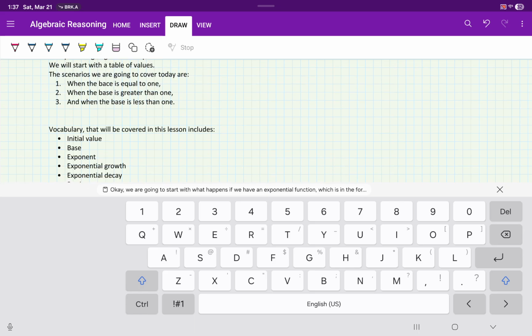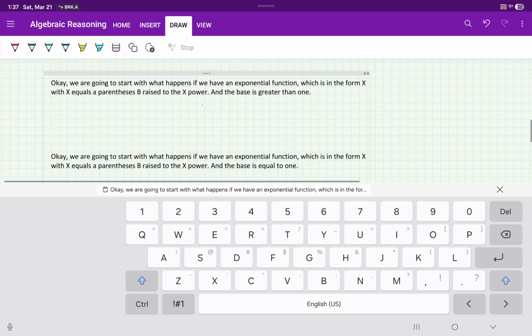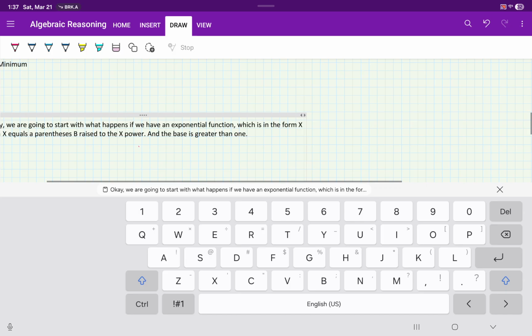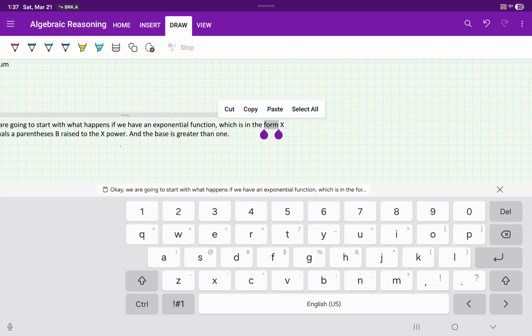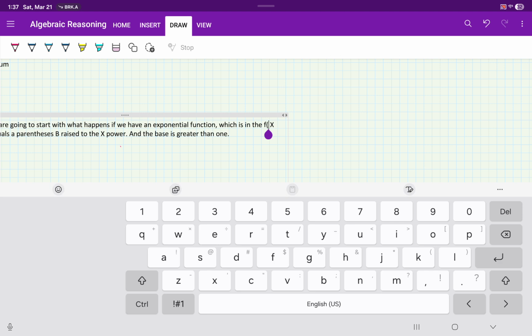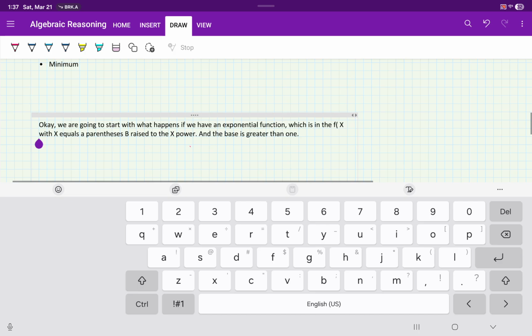Alright, so we have this equation here, and we have f of x. This must be a lowercase x. I was trying to read that, I have my pen picked up.